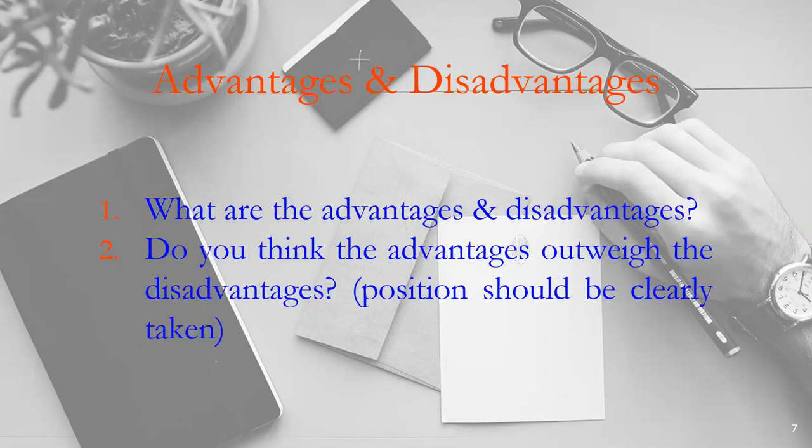So do you think the advantages outweigh the disadvantages? And the essay that you're going to write will depend largely on what your position is. If you think the advantages outweigh the disadvantages, then of course your essay will be structured that way. If the reverse is the case, then your disadvantages will be more than the advantages.